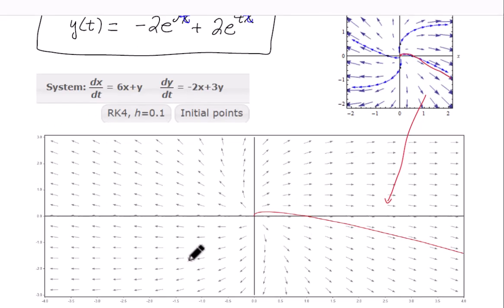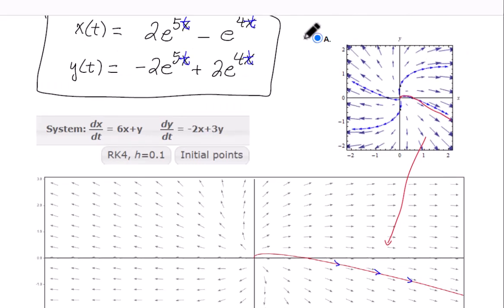I picked our starting position that was sitting here, and I'm looking at the trajectory of that particular solution curve, and I'm looking to see it does match in MyLab Math number A, and so you can see that from the picture.